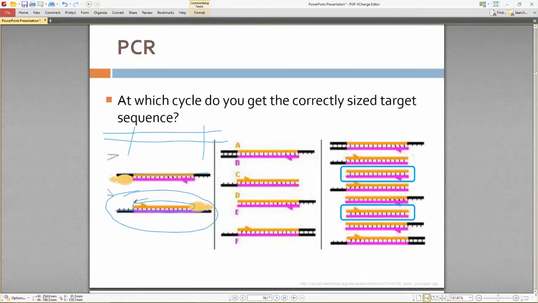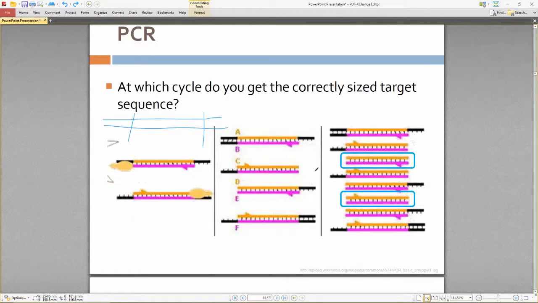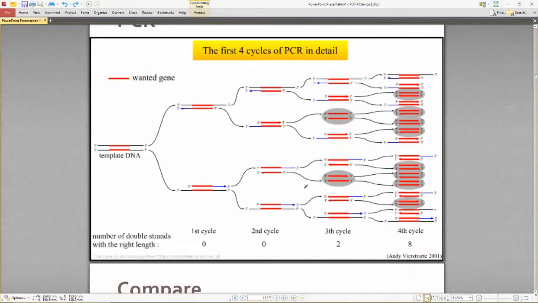No, because on the bottom strand here, we have this extra information that we don't want. Even in step 2, we're a little bit closer. We have molecules that almost look like the target sequence, but we still have extra information that we don't want, and it's only in step 3 that we have exactly the sequence that we want. That's because of the way that PCR works.